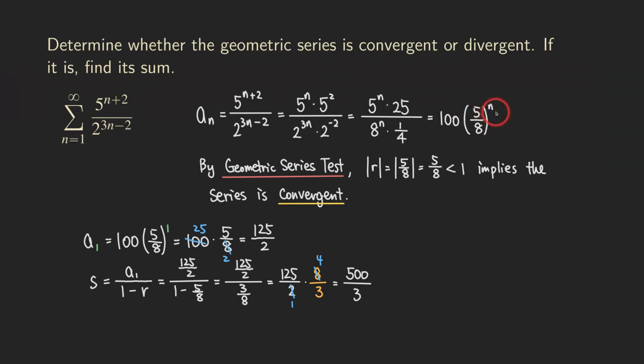But because we do not have n minus 1 here, we cannot claim that 100 is the first term. So when do we say that 100 is the first term? That's when you're starting with n equal to 0. Then the series will be in the standard form, and in that case, we can claim that 100 is the first term. But of course, that's not true for our series here because n is starting from 1.